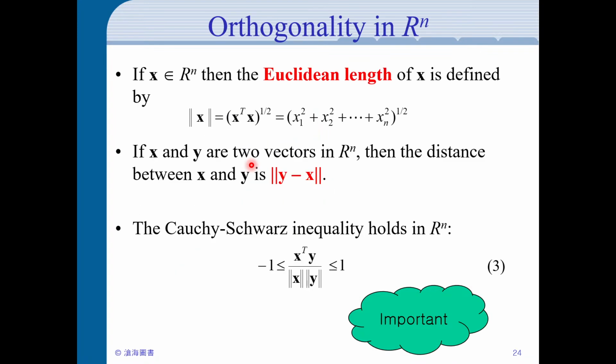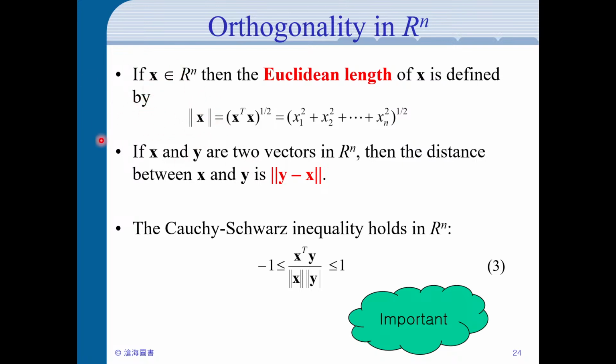And finally, let's generalize it to Rn. When we generalize to Rn, basically everything is the same. Every formula we have with inner product generalizes to Rn. For example, we talked about calculating length through inner product.